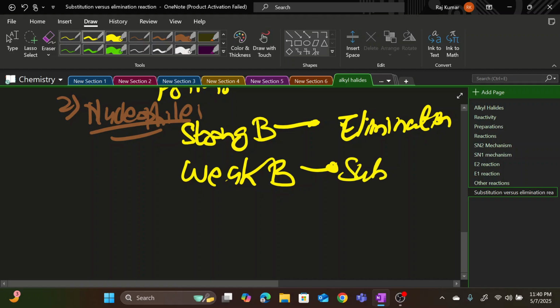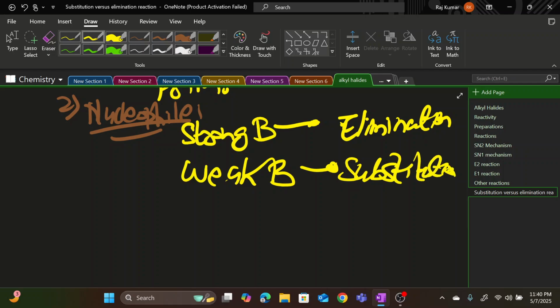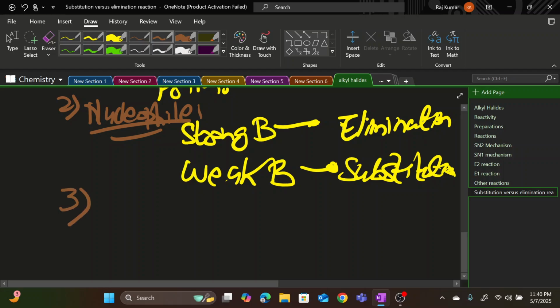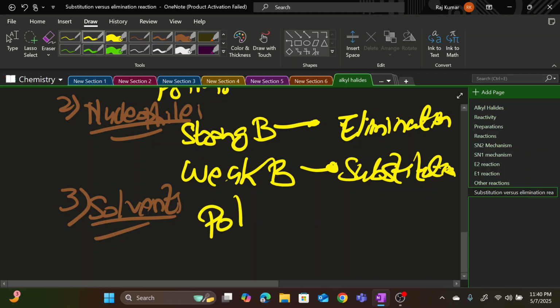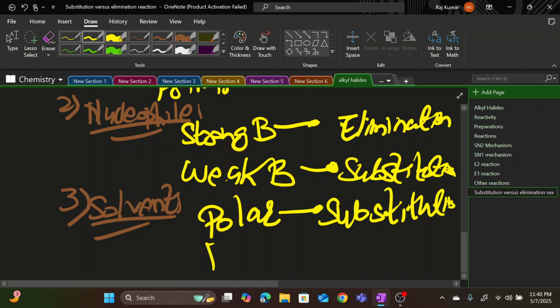And weak base will favor substitution reaction. Another important point is the solvent which is used. Whenever we compare elimination with substitution, the polar solvent will favor substitution, and non-polar solvent favors elimination.